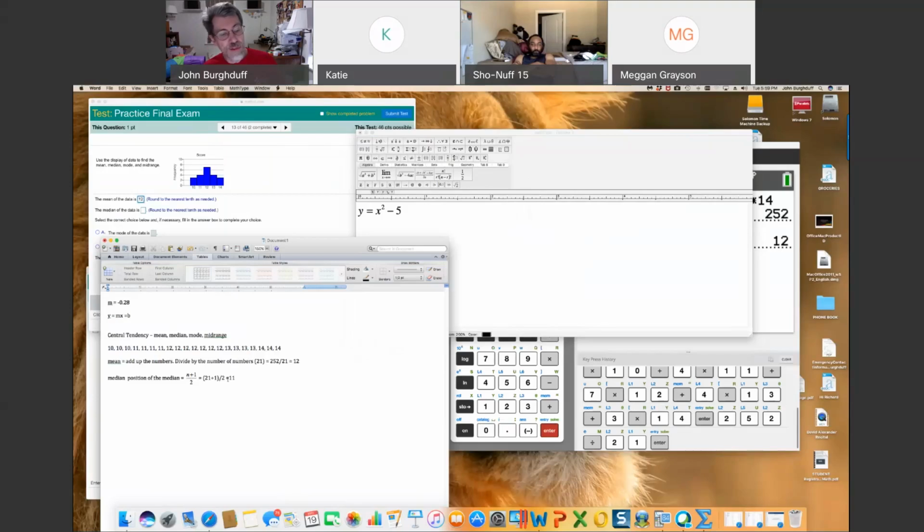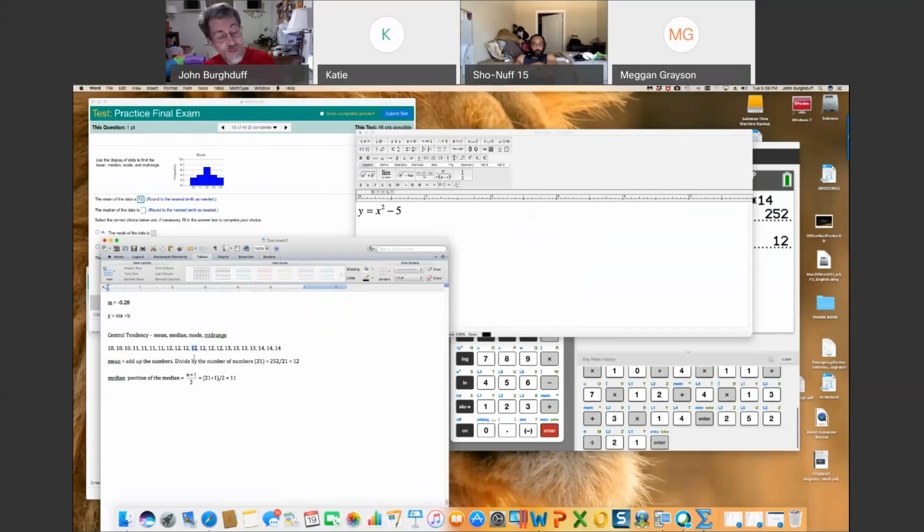So that means that the median is whatever number is in the 11th position and you just count. 1, 2, 3, 4, 5, 6, 7, 8, 9, 10, 11. And you should get to the same place whether you count 11 from the bottom or 11 from the top. So let's just check that. 1, 2, 3, 4, 5, 6, 7, 8, 9, 10, 11. 12 is right in the middle. So that's going to be your median.